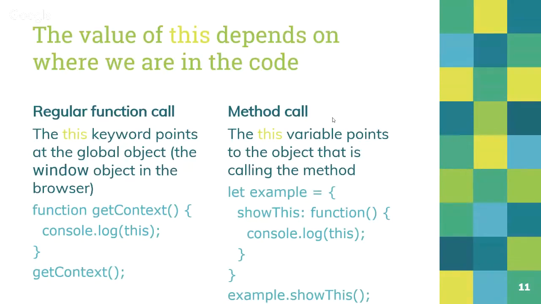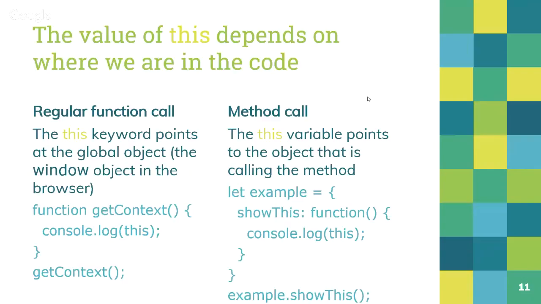So in the first example here, the value of this will be the global window object if you're running it in the browser. Remember that this will only be the case if you're running the code in Google Chrome, Safari, Mozilla, or any browser. If you're running it in another environment, let's say locally on our computer, we'll get the global object as a value returned when we call console log.